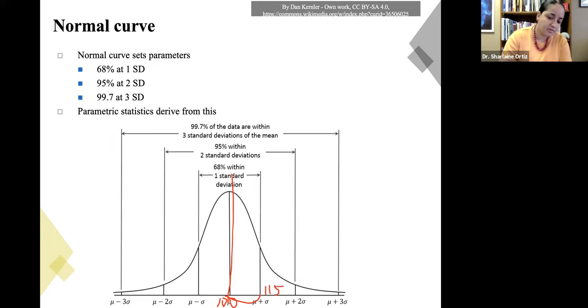Minus 15 from 100 will be 85. So notice if Peter scored an 85 and Robert scored 115, they still fall within 1 standard deviation. They would still be considered part of the normal range, the average range of intelligence, because they fall within this section right here.